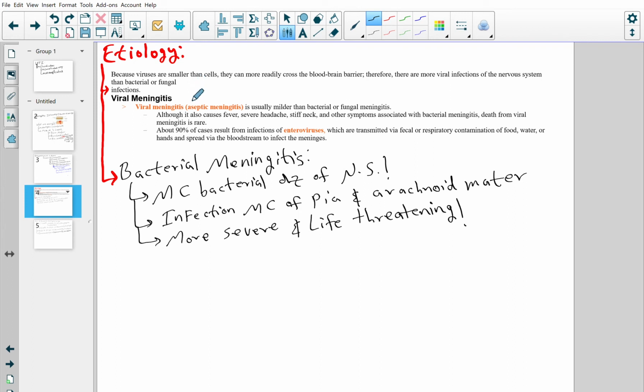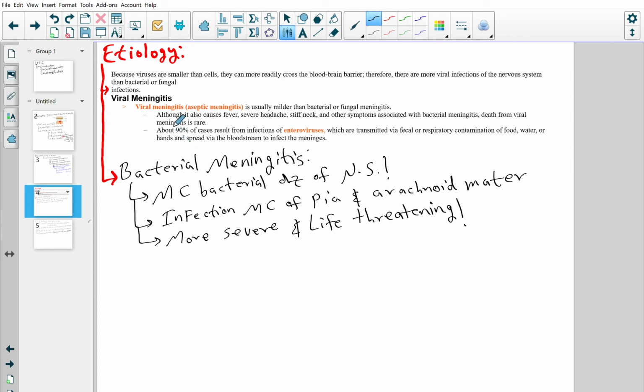Viral meningitis. We use the word aseptic meningitis. The word aseptic meningitis means meningitis caused by a pathogen other than bacteria, most commonly a virus.